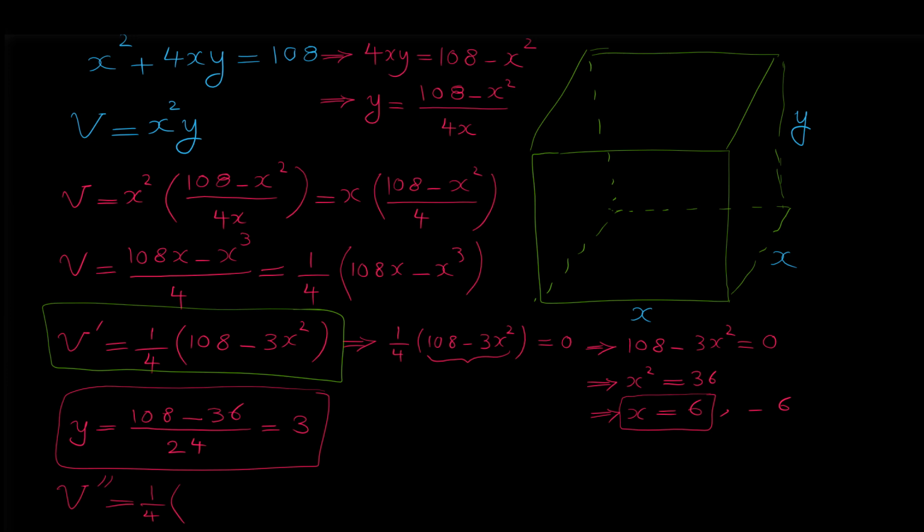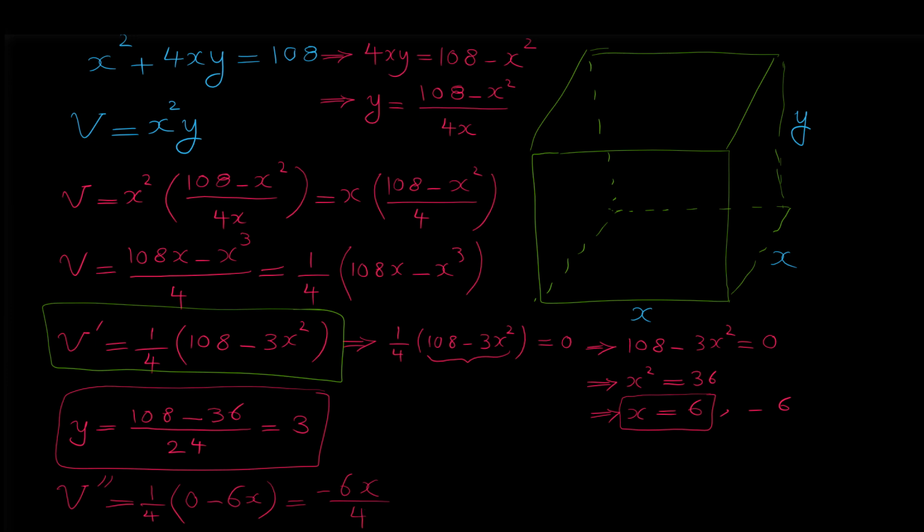We write the coefficient and we take the derivative of the expression inside of the bracket. We don't need to use the product rule. We write the coefficient and we just take the derivative of the expression. The derivative of 108 is 0 and the derivative of 3x squared is 6x, which you can rewrite as negative 6x over 4.